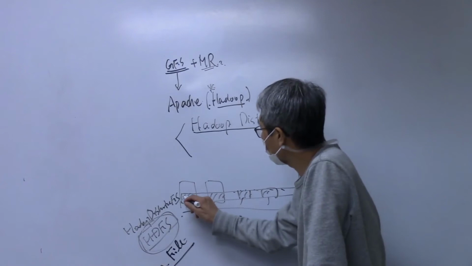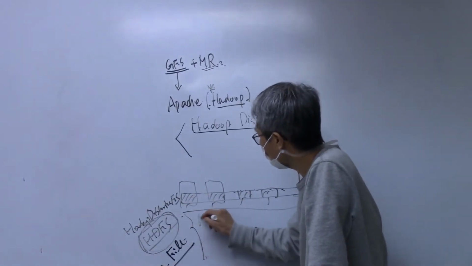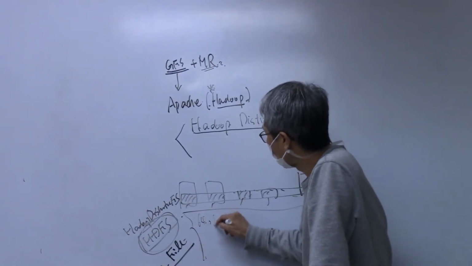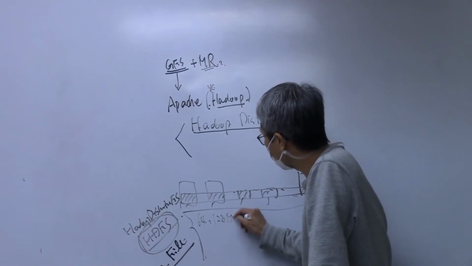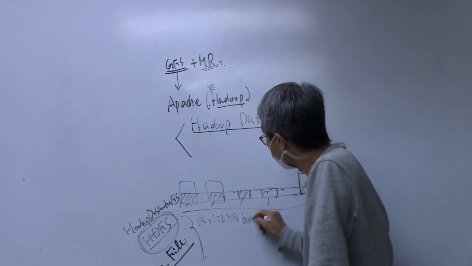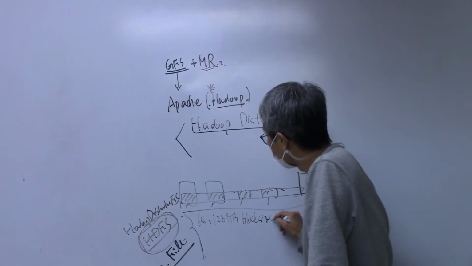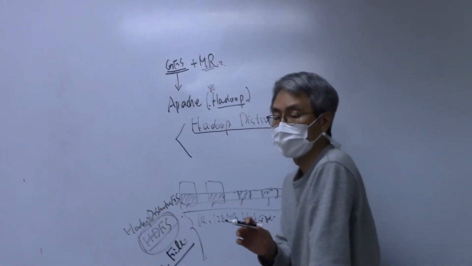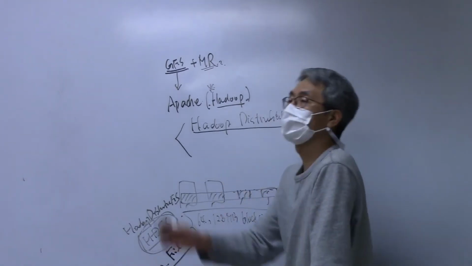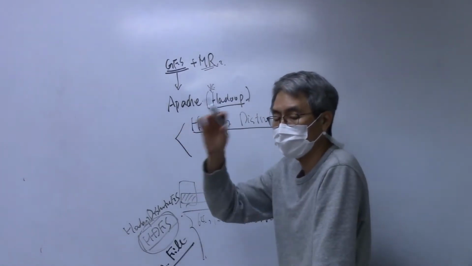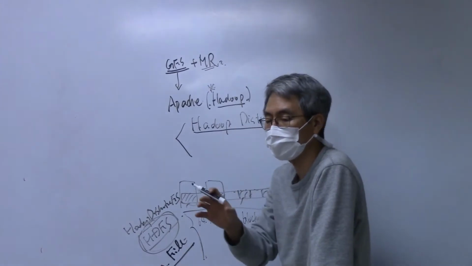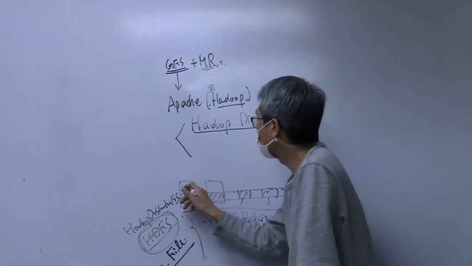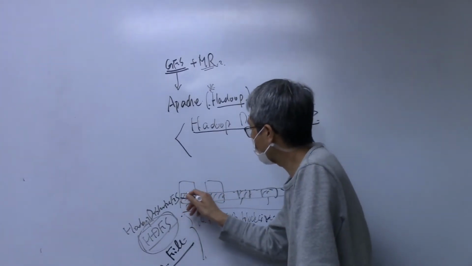One of them is a 64 or 128 megabyte block size. Which means when you read the data, you must load the block into memory. Then finally your computer's CPU can read the data from the memory. That is called the block.